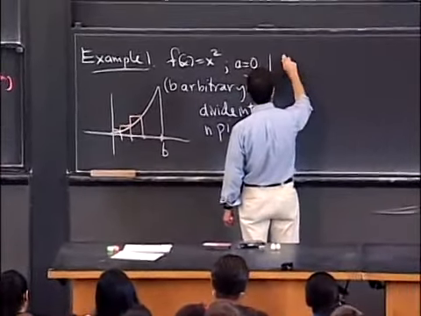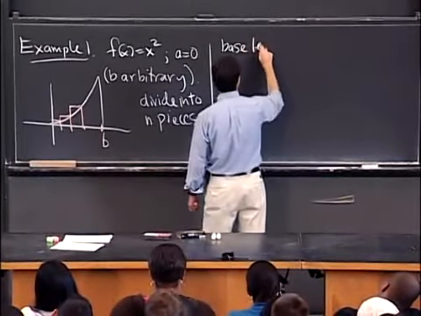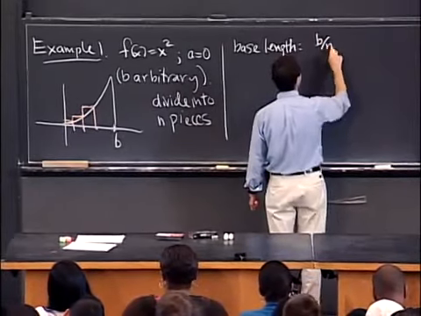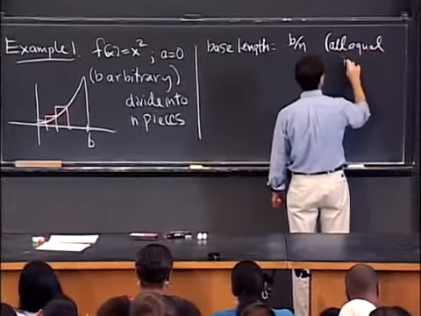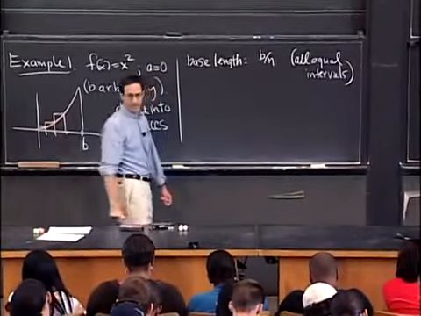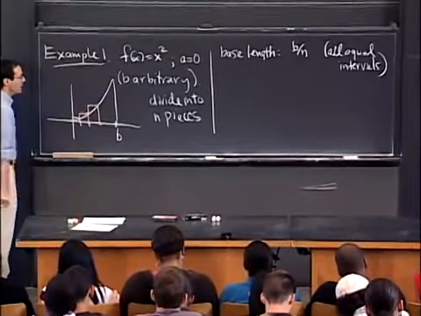And so the spacing, the base length, is always b divided by n, all equal intervals. So that's the base length. And next, I need the heights.